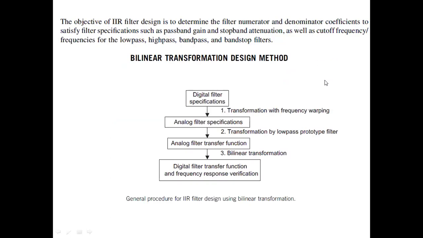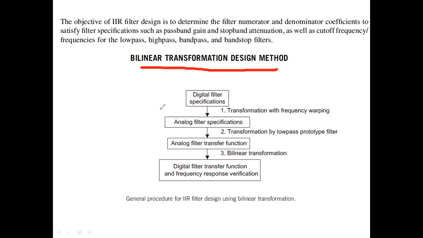Continuing, what are we going to learn? There are several methods of designing IIR filters. We are learning this particular method, the bilinear transformation design method. Just as when we studied FIR filters there were several design methods, the windowing method and the frequency sampling method.